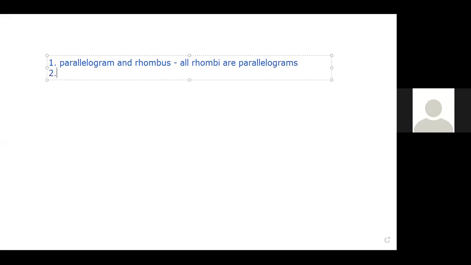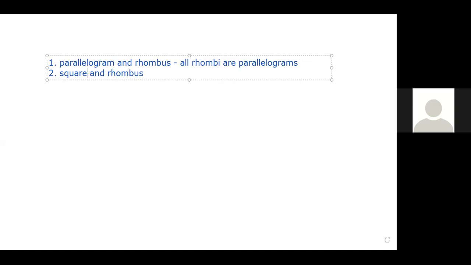The first one was parallelogram and rhombus. In this case, all rhombi are parallelograms. Second, we talked about squares and rhombus.